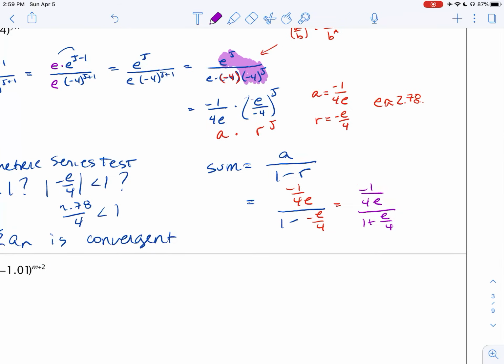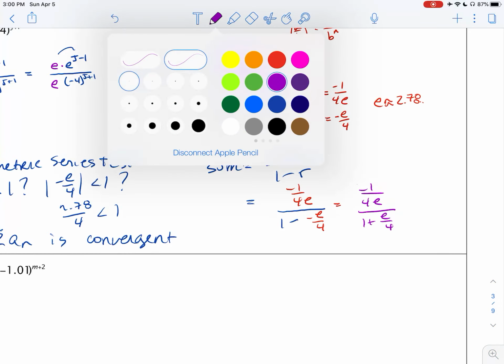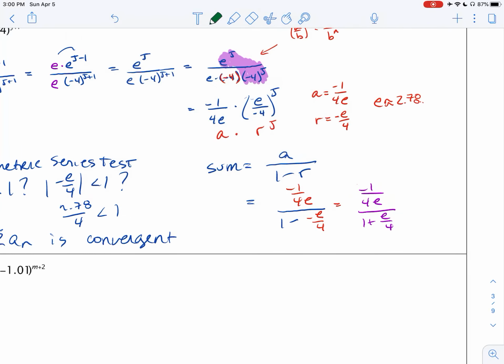And I tend to like to multiply on top and bottom by the lowest common denominator. So if I multiply on top and bottom by 4e, then I would get minus 1 over, and in distributing that, I get 4e, and then my 4 cancels, and I would get plus e squared, right?